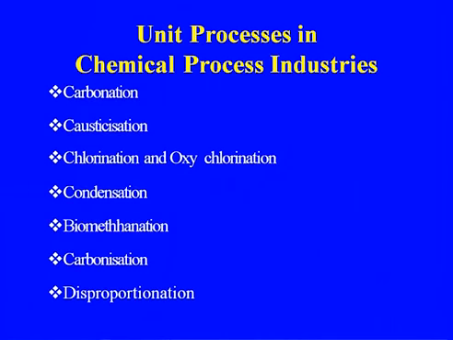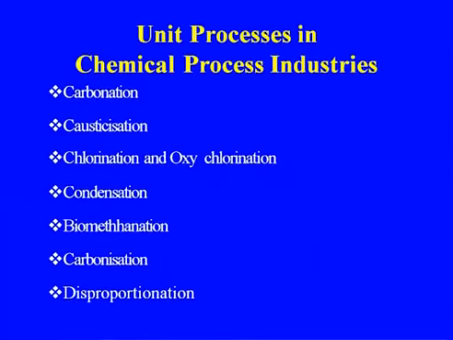Earlier, in the manufacture of vinyl chloride, we used chlorination; now we are using oxychlorination. Then condensation, biomethanation, carbonization, which is very important in coal carbonization and biomass carbonization, and disproportionation, which is important when converting toluene to the more value-added products xylene and benzene.